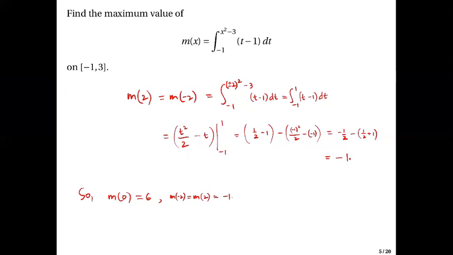What else? Take note, the maximum value could be at the endpoints. So we are not yet done. We still need to find the value of m at negative 1 and at positive 3.